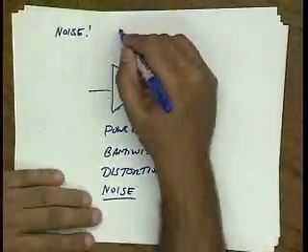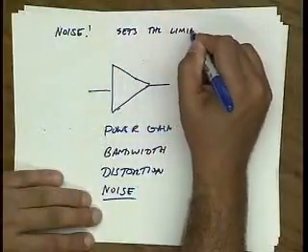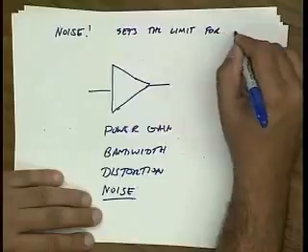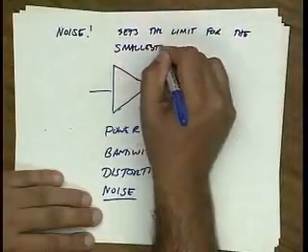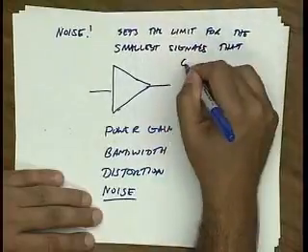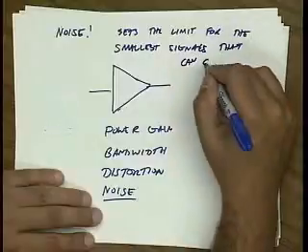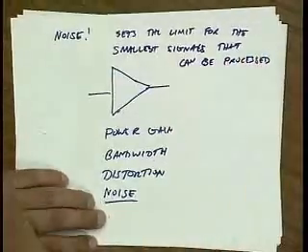So noise sets the limit for the smallest signals that can be processed by the amplifier. Okay?